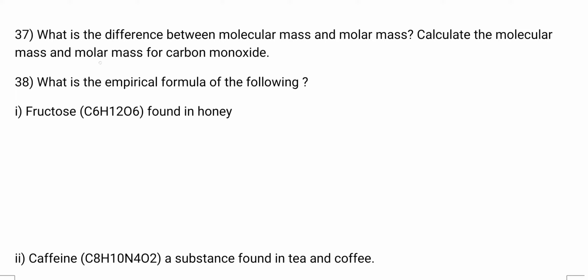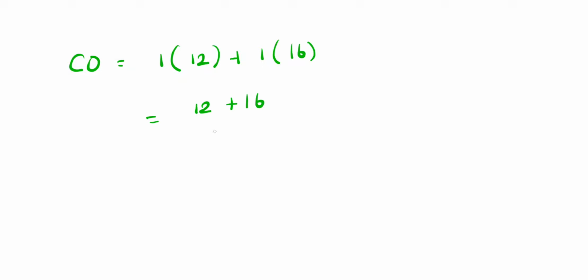Now, how to calculate the molecular mass and molar mass of carbon monoxide. In carbon monoxide there is one carbon. What is its atomic weight? 12, plus oxygen is 1 into 16. So the total value is 12 plus 16 is equal to 28. That is said to be the molecular mass.